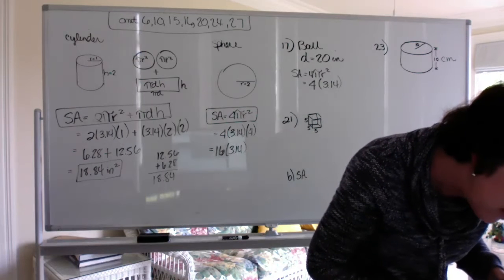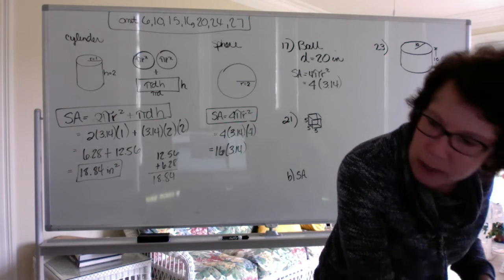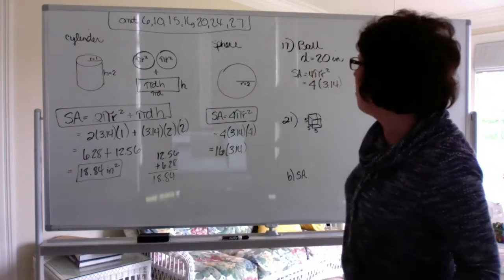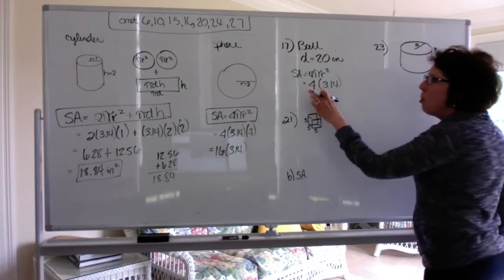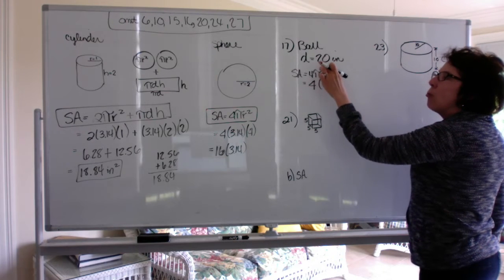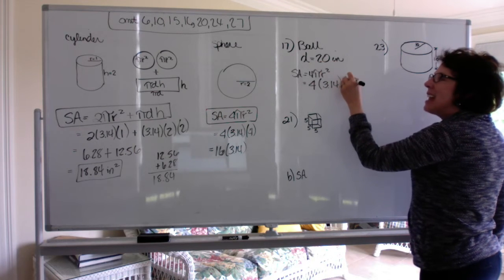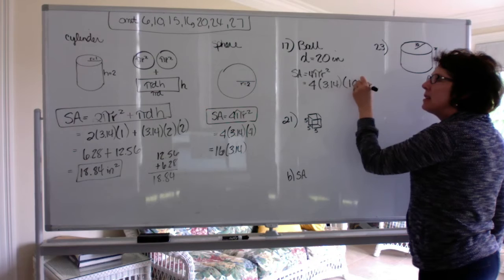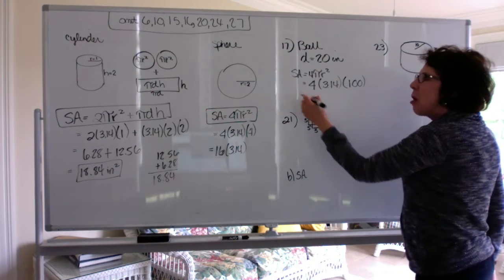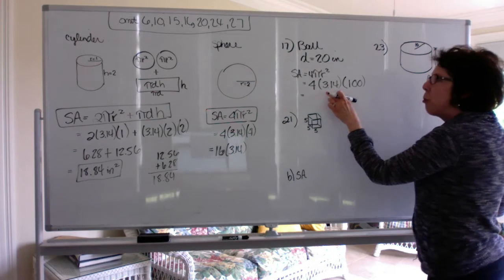I think the units are in inches, and we're using pi. Okay, we're using pi. All right, so we've got 4 times pi, and what is my radius? My radius is half the diameter. It is 10, and 10 squared is 100. Okay, now let's be smart about this. 100 times pi would make 314.